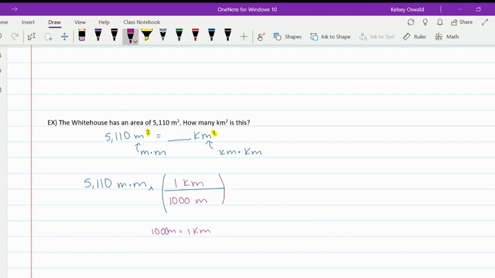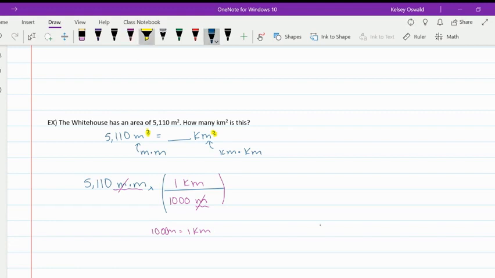Notice though that I have 2 meters in my original number, and only 1 meter at the bottom of this fraction. So I'm only able to cancel out 1 of those meters, because meters squared is the same thing as meters times meters. If I divide that by meters, I'm still left with meters.